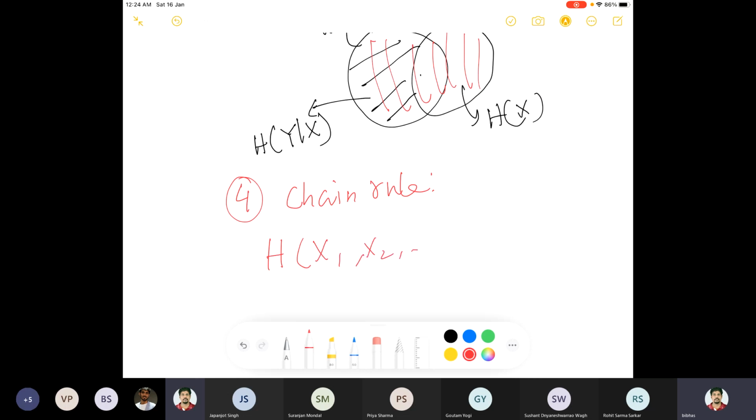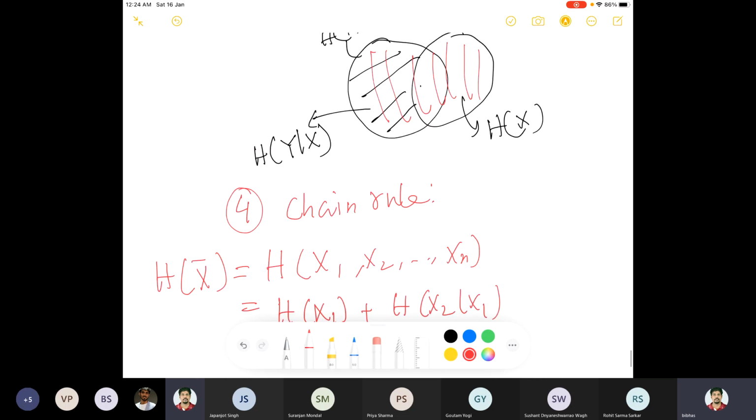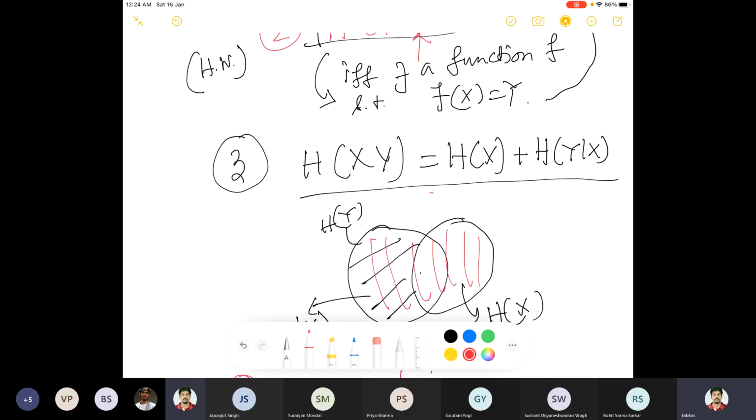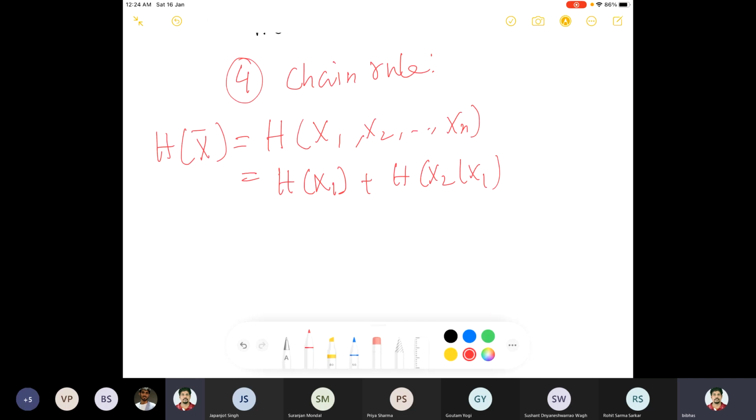If we have a random vector X bar, then H of X bar is equal to H of X1 plus H of X2 given X1 plus H of X3 given X1, X2, plus dot dot dot, and finally H of Xn given X1, X2, up to Xn minus 1. It is a generalization of the two-variable case, H(X) plus H of Y given X, here with n such variables. So this is the chain rule.